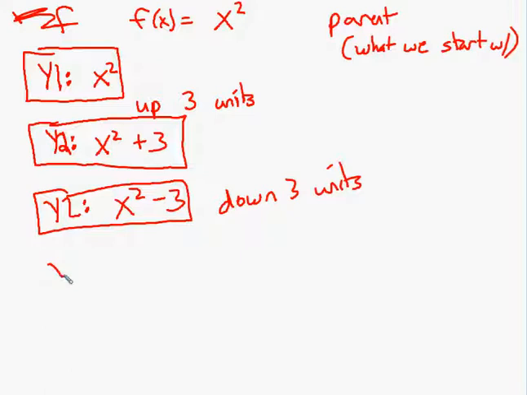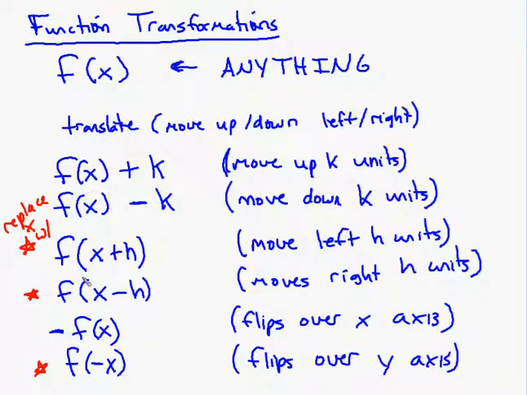All right, what if I wanted to go right 3 units? Now this is where it gets tricky. Notice in our notes, if I want to go right, I replace x with however much.